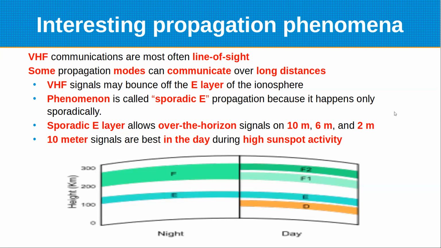Isn't that because we have more ionization in the atmosphere? Yep, sunspot activity being higher. But it can also blanket everything and send it down the tubes, which happened here just a few days ago, right? Yeah, a week or so.